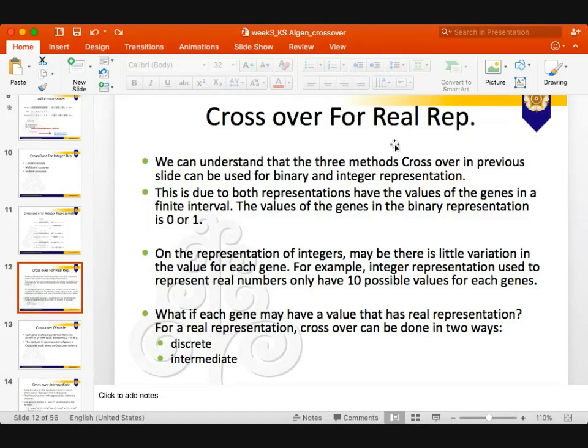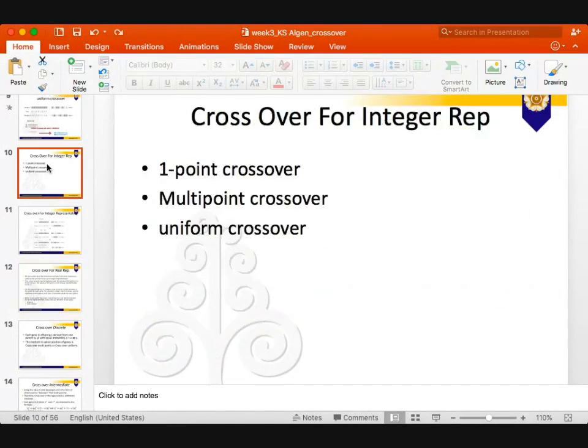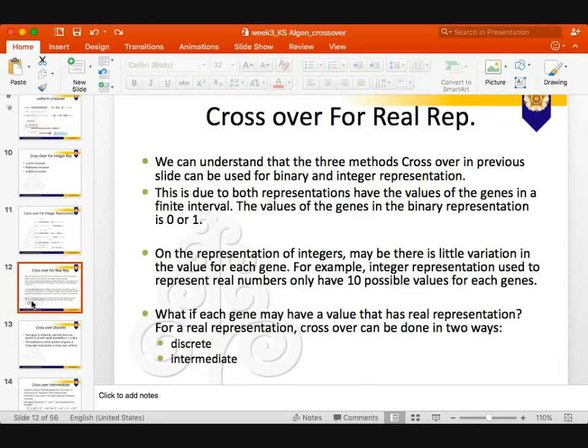In real representation, the three methods here are not enough, because the variation of chromosomes in real representation is very large. So the three methods here are not enough to generate more variation. In real representation, we can do it in two ways: discrete and intermediate.